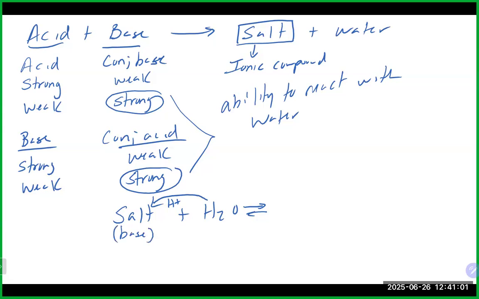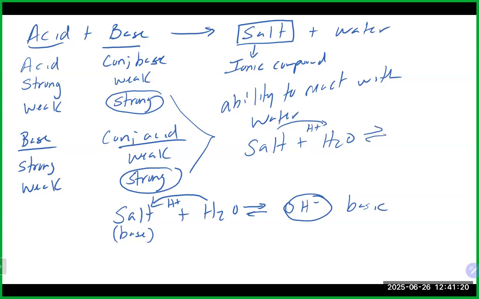The result of accepting the H plus from the water is that you will produce hydroxide, which will make the solution basic. The other option is the salt could, in some cases, donate an H plus over. The result of that is you will make H3O plus, and this solution most likely will be acidic.